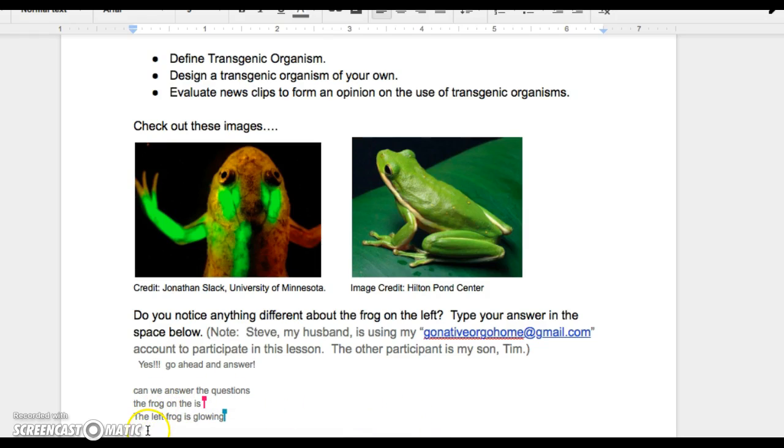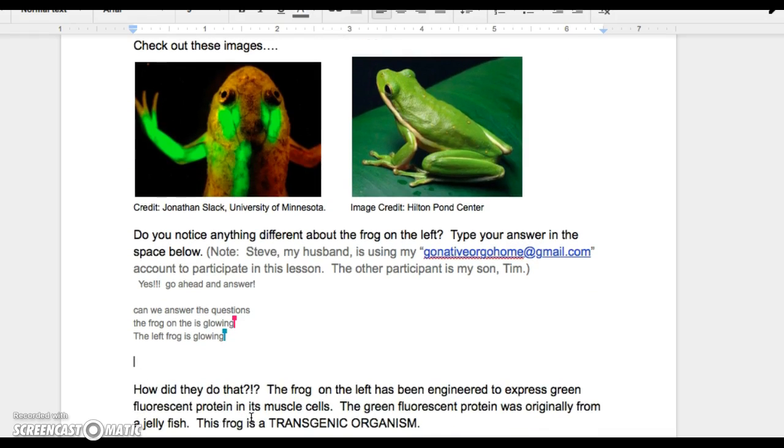Tim's saying the frog on the, I think he means the left, is glowing, and Steve says the left frog is glowing. So I just want to tell him that's right.